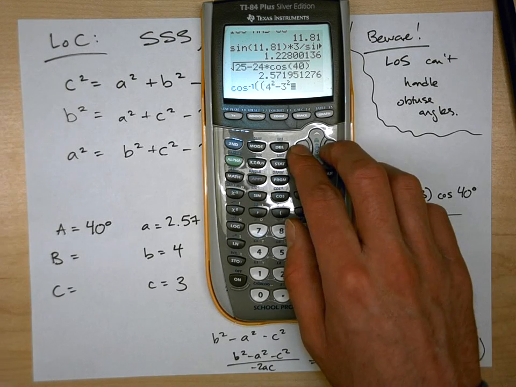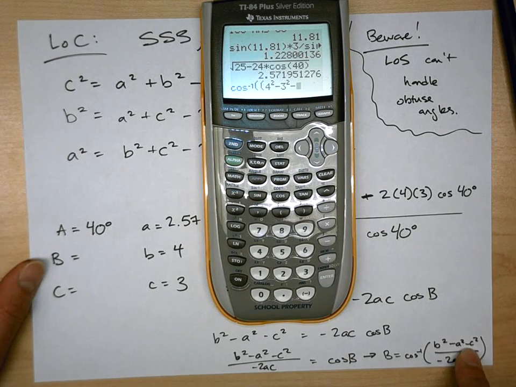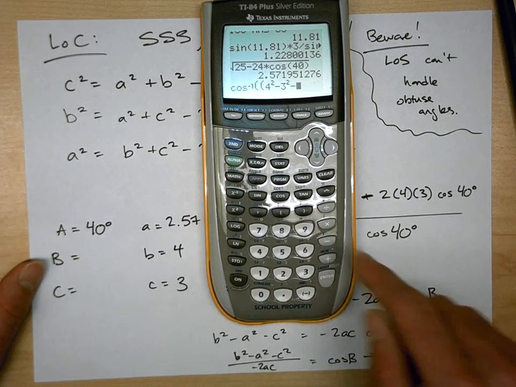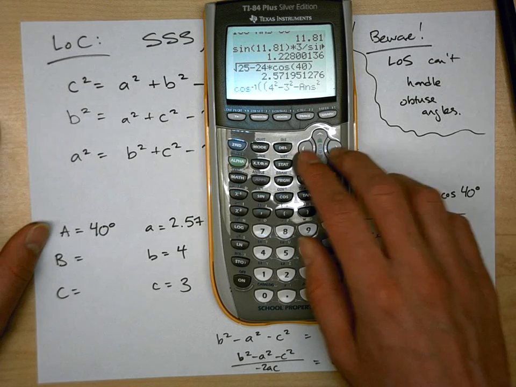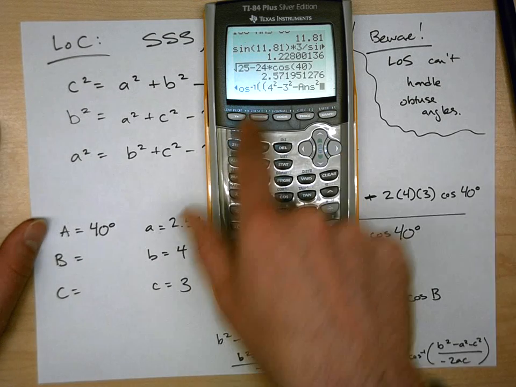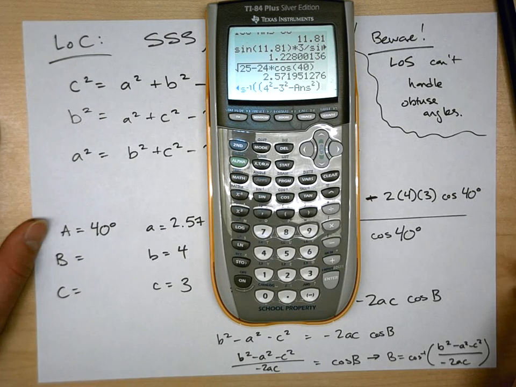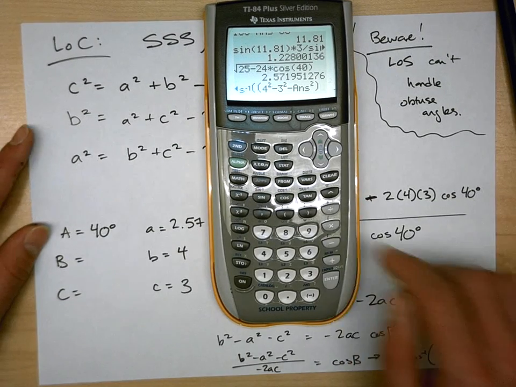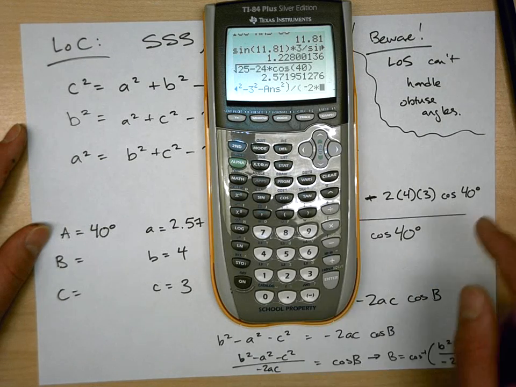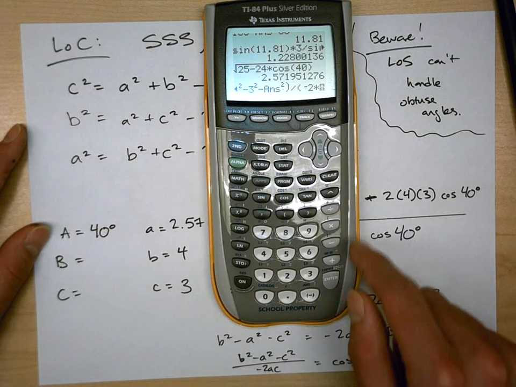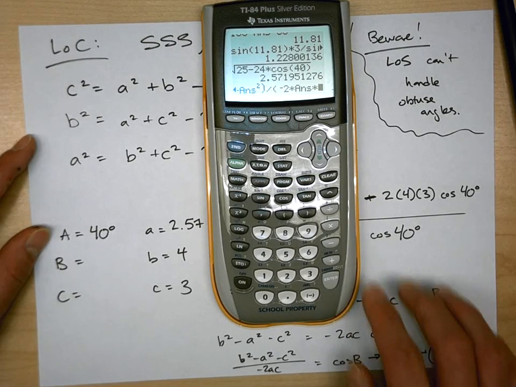These are both being subtracted, so minus c squared and minus a squared. For a, I'm going to put answer, because it's a more exact, less approximated version. Divided by negative 2 times a, again using answer for a, because that's what I have stored up there, times c, which is 3.